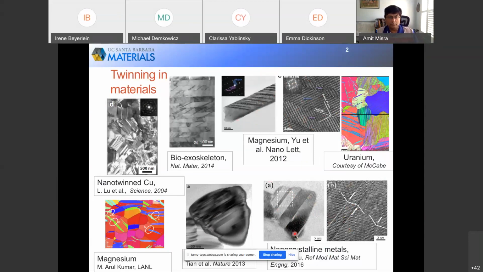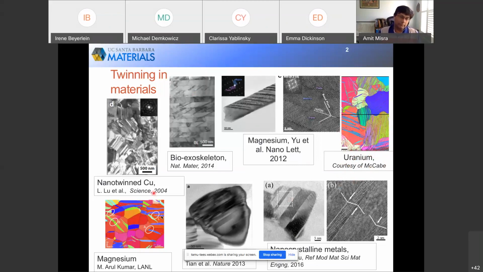So that's generated some interest that this mechanism occurs. And of course, there are some rather complicated materials where sometimes the only mechanism that's easy for them to form is by twinning. This is a rather exotic material that normally people don't study, but if you ever want to study twinning, uranium is probably one of the best materials to study it in.